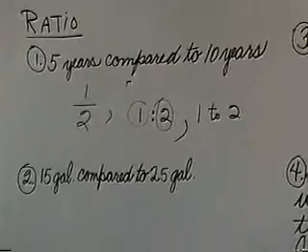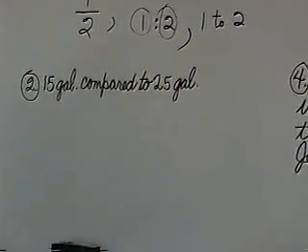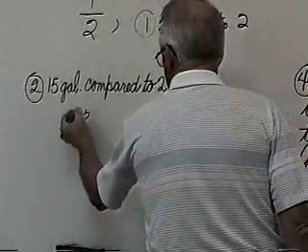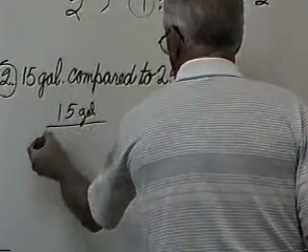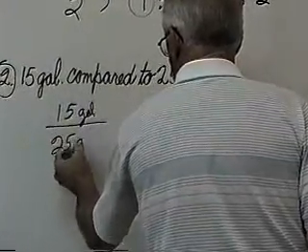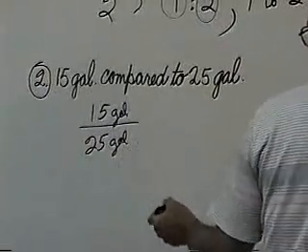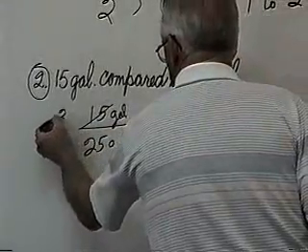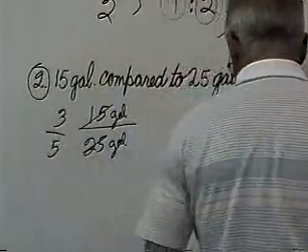Number 2 wants the ratio of 15 gallons compared to 25 gallons. All right, so what we have is 15 gallons compared to 25 gallons. And then you should reduce that. 5 will go into this 3 times. 5 will go into this 5 times.